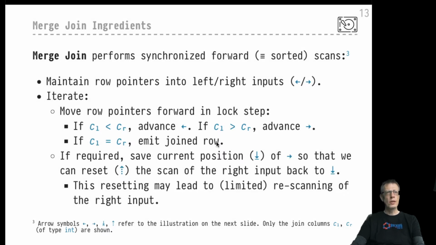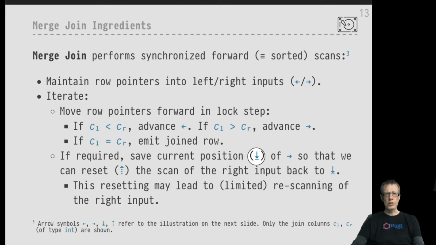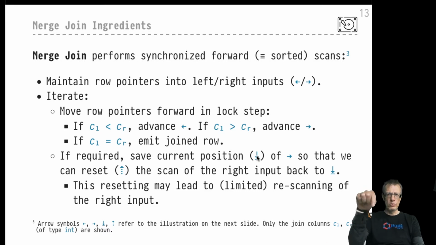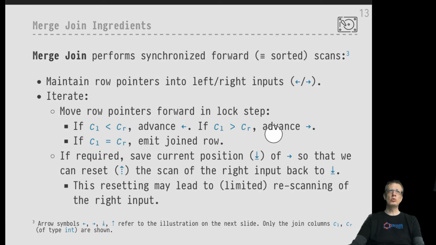All right. And you will see that the algorithm will sometimes remember the position of the right-hand side pointer in the right-hand side table by setting such markers. That would be a marker that marks a remembered position. The right-hand side pointer may move further downwards the table, but we will see that there are situations when the right-hand side pointer will be reset to this marker, to the remembered position.